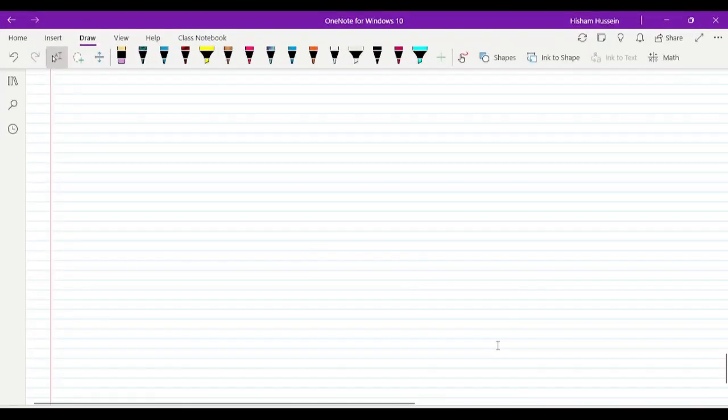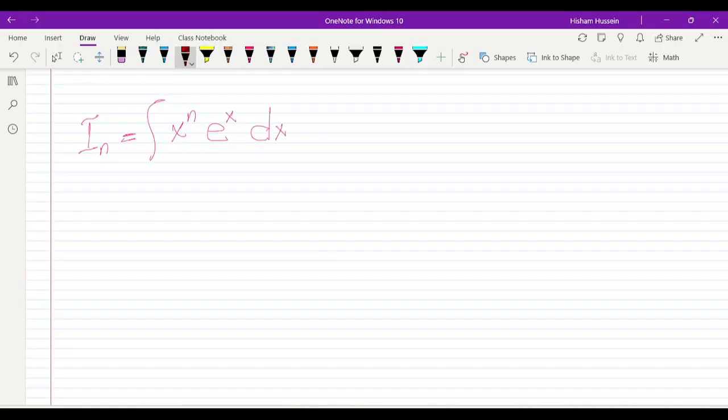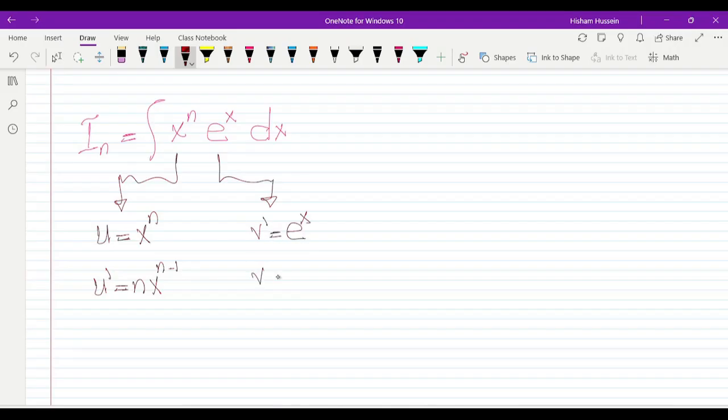Think about another integral like I_n equals the integration of x^n times e^x dx. Think about this integral from the perspective of integration by parts. u, as we mentioned before, u is x^n, so u' will be n x^(n-1). v' is e^x, so v is e^x. u times v minus the integral of u' times v.